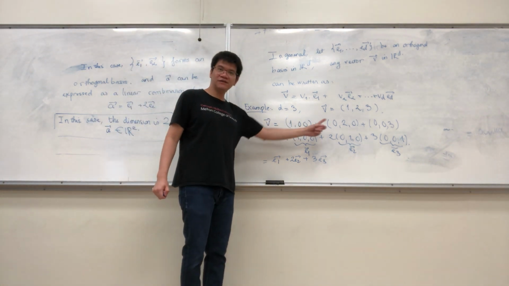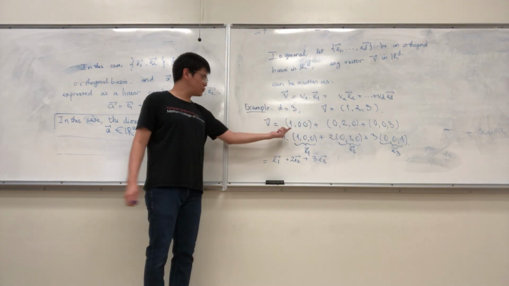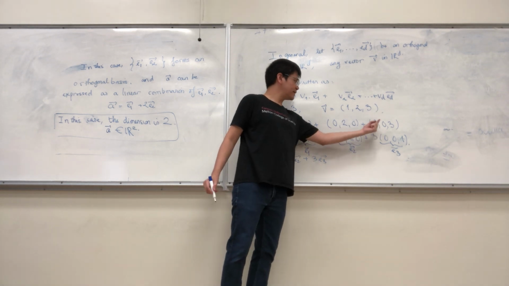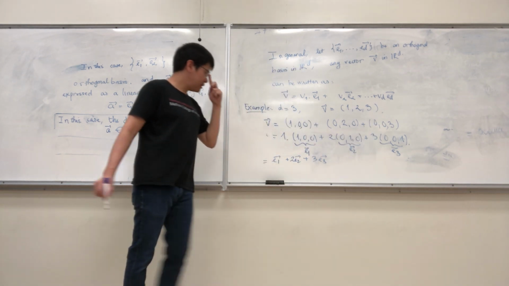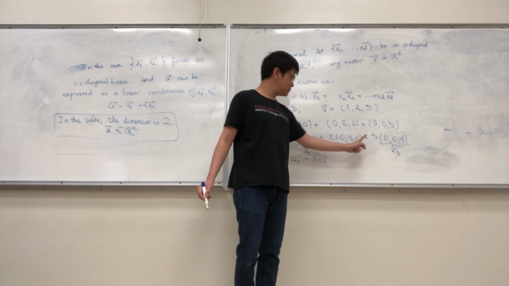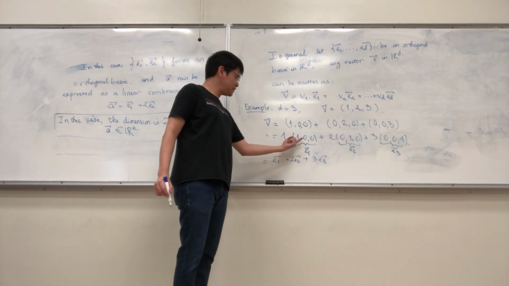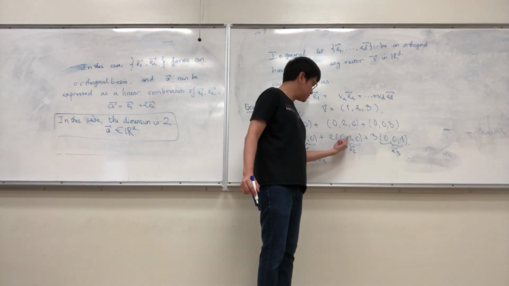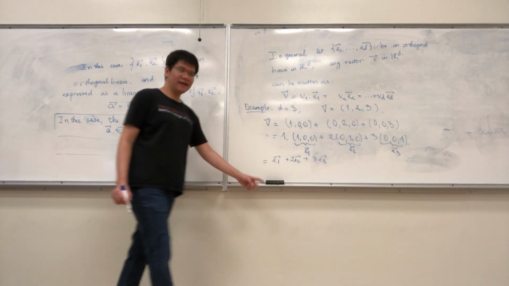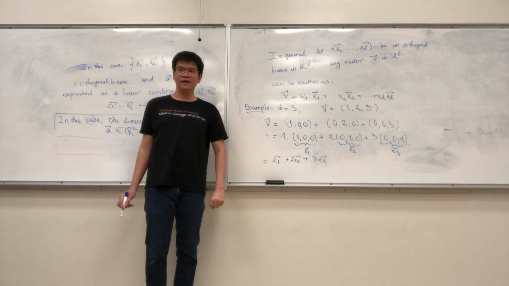In 3 dimensions, the vector that I choose is 1, 2, 3. So I can decompose. So this is 1, 0, 0 plus 0, 2, 0 plus 0, 0, 3. And this can be written like 1 times E1 plus 2 times E2 plus 3 times E3, right? In which E1 will be 1, 0, 0, E2 will be 0, 1, 0, E3 will be 0, 0, 1, right? So then I can write this like E1 plus 2 E2 plus 3 E3.